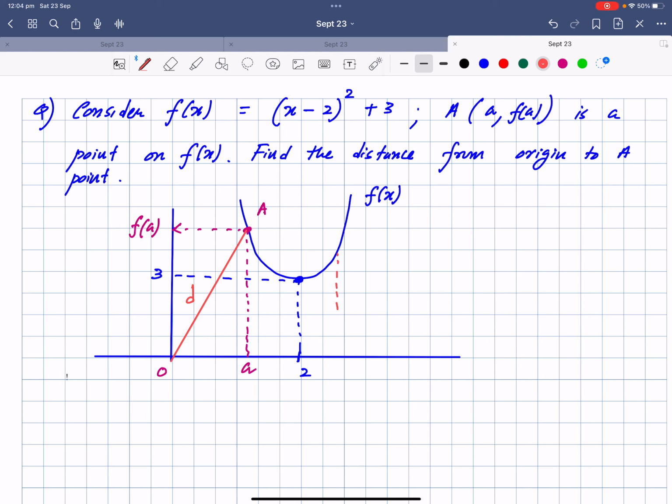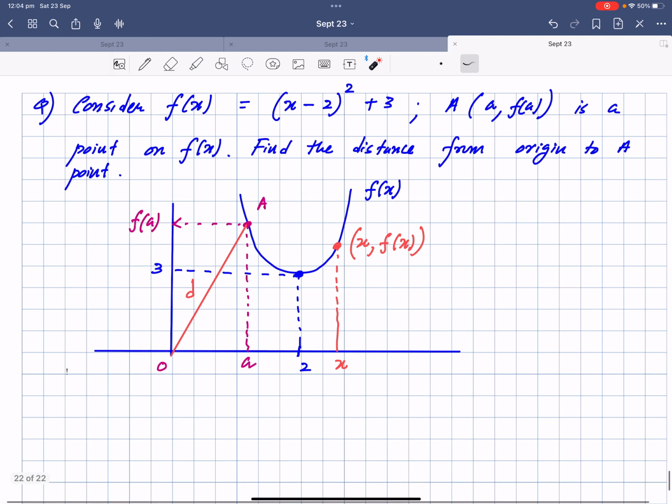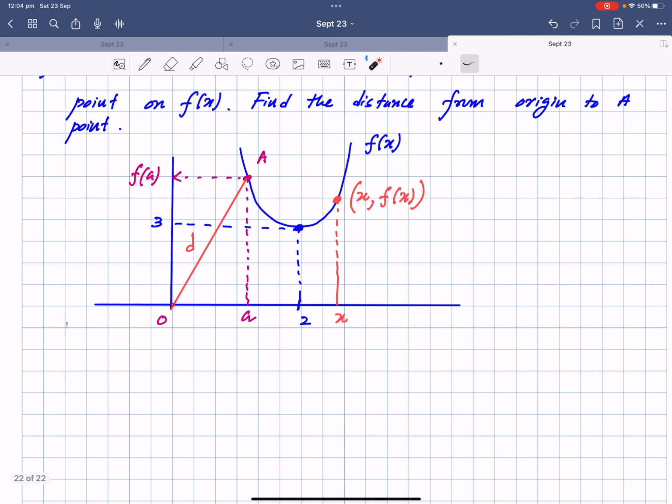So the coordinate is x, and the y coordinate would be f(x). When the x coordinate is x, the y coordinate is f(x). Now, before we do this question, we'll try to find out the distance from O to this point. So let's do that first.